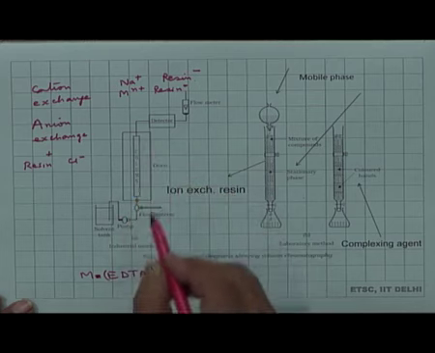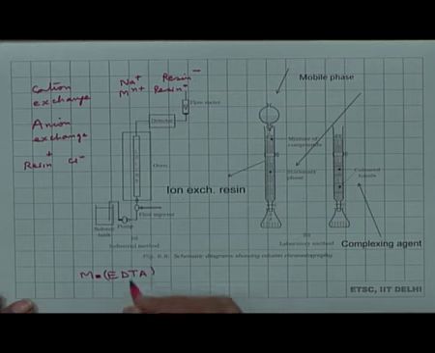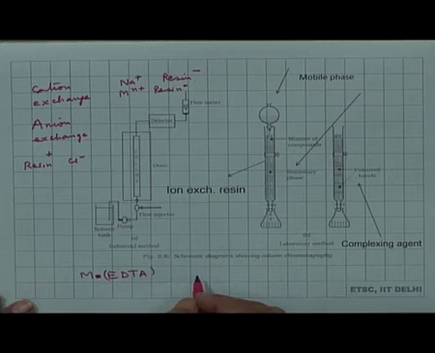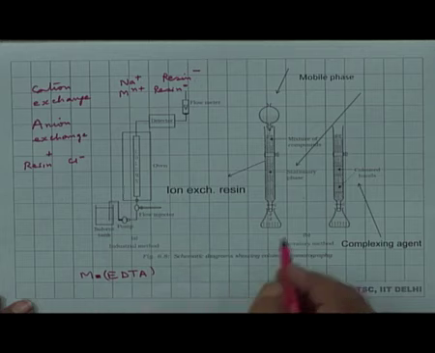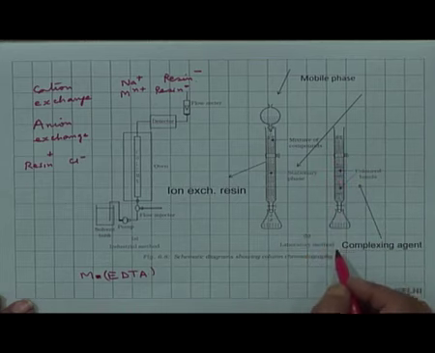After that, the metal ion which has formed the next most stable complex, whose stability is greater than the rest of the metal ions, will make a complex which will run down through this column.